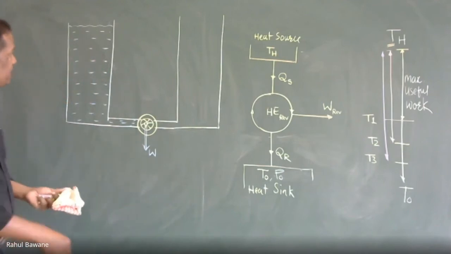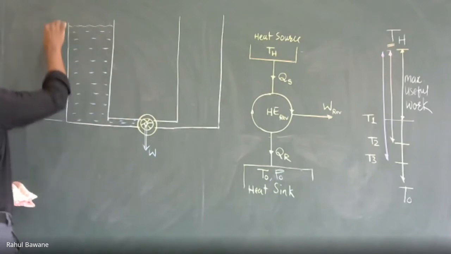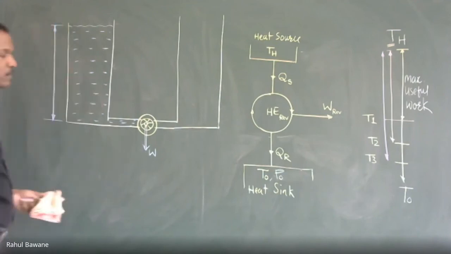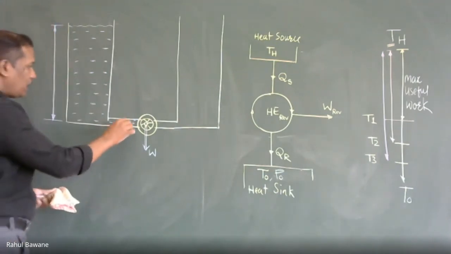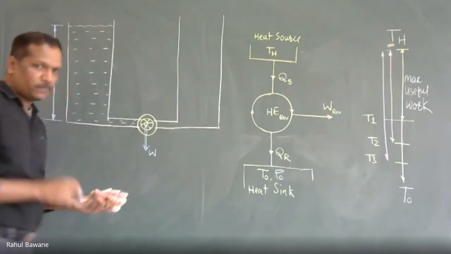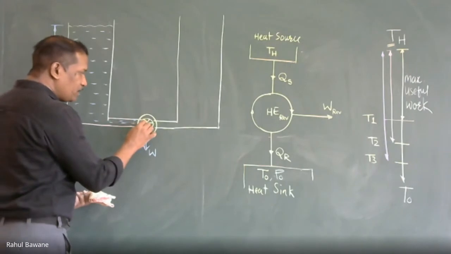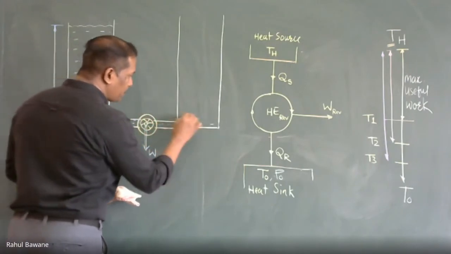What is the energy available? Energy in this reservoir is this much. As soon as I allow this water to flow, water will flow through this channel. It will run this wheel and enter into the second part.